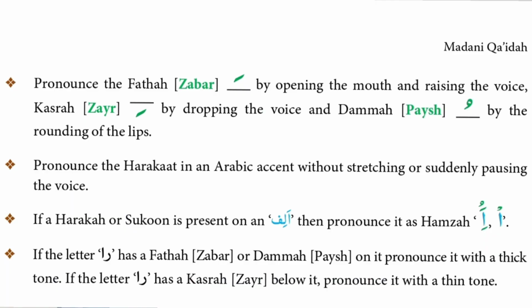Next rule. Pronounce the harakat in an Arabic accent without stretching or suddenly pausing the voice. That means when you pronounce zabar, zair or pesh, do not stretch or make a sudden pause. Always pronounce harakat without stretching and without suddenly pausing the voice.